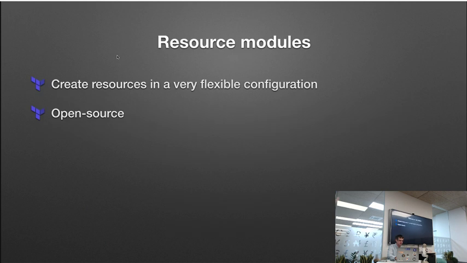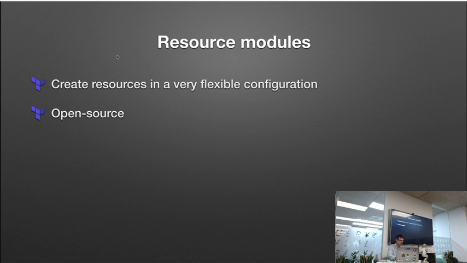There are a few types of modules which I really want to make clear, and when we're talking about modules, we have to, at least inside of us, understand what kind of module we are talking about. So it can be either a resource module or something else. A resource module is something that just creates resources in a very flexible configuration.